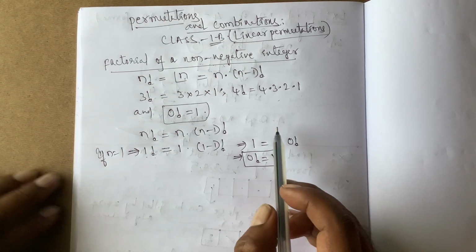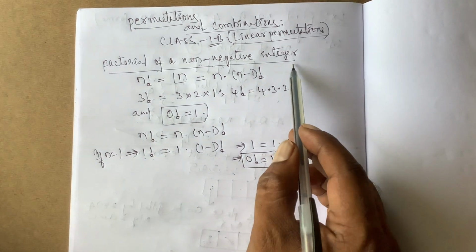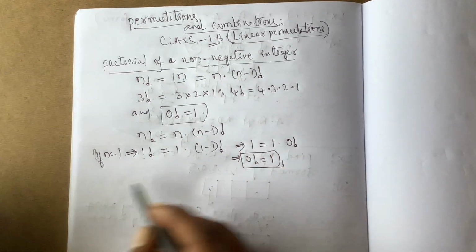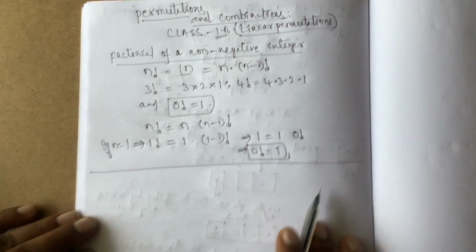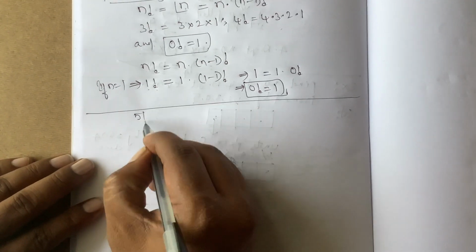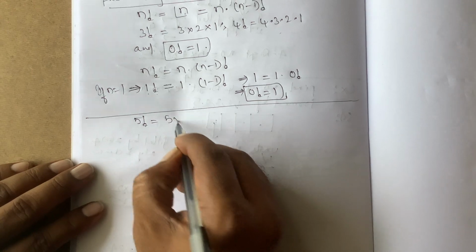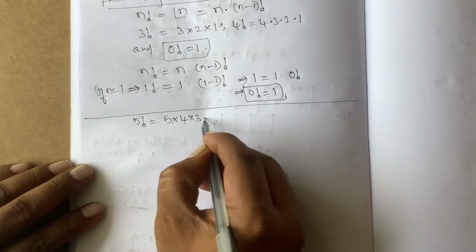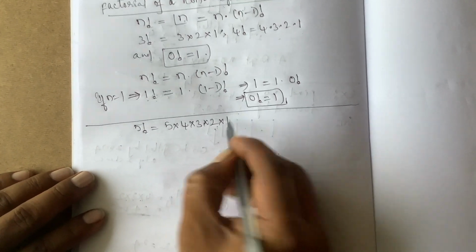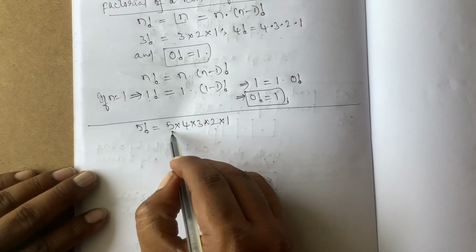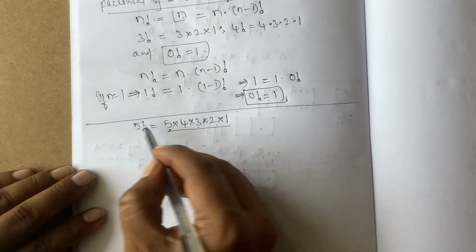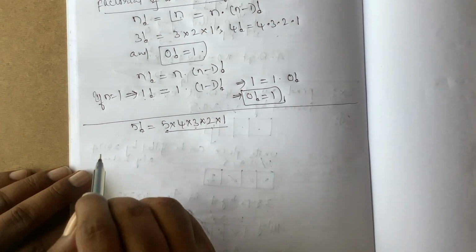This is the factorial of a non-negative integer. Now, 5 factorial is 5 into 4 into 3 into 2 into 1. The product of the first n natural numbers is n factorial.